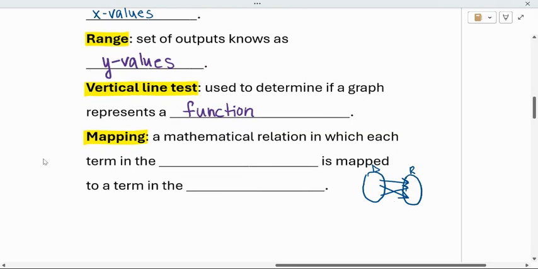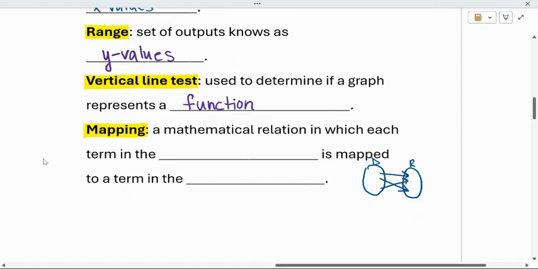And I've got some in our examples, okay? So a mapping is just a mathematical relation in which each term in the domain is mapped to a term in the range. That's all that is.